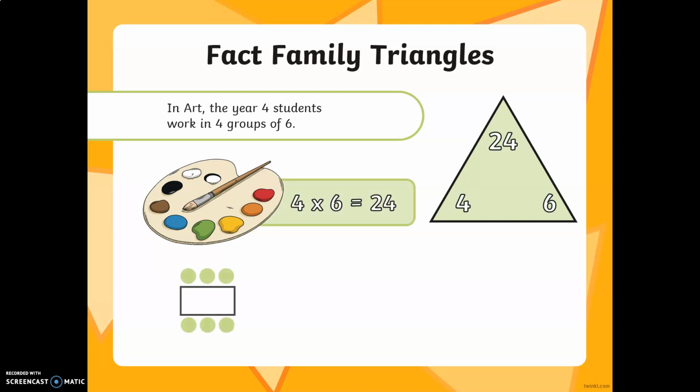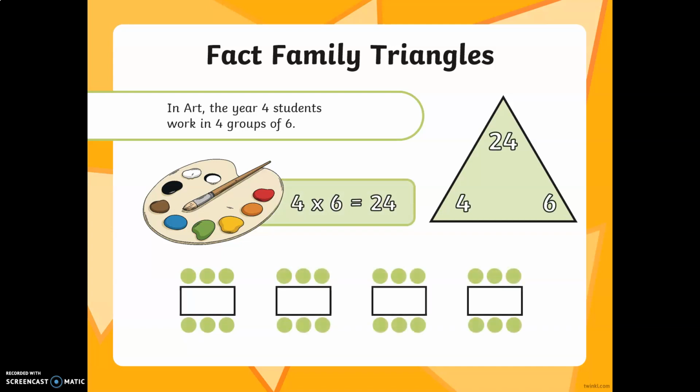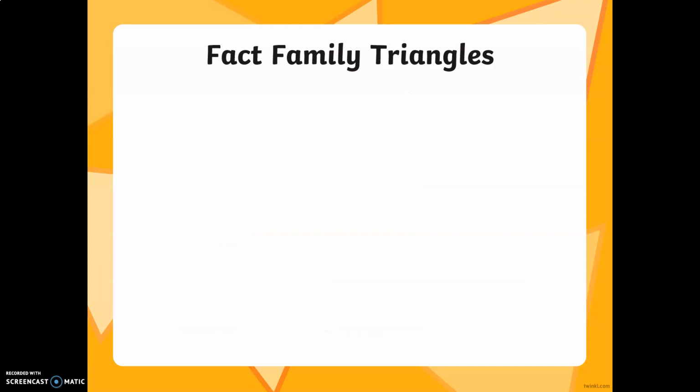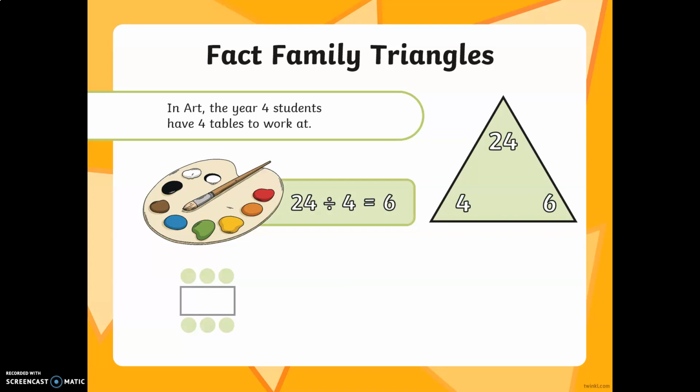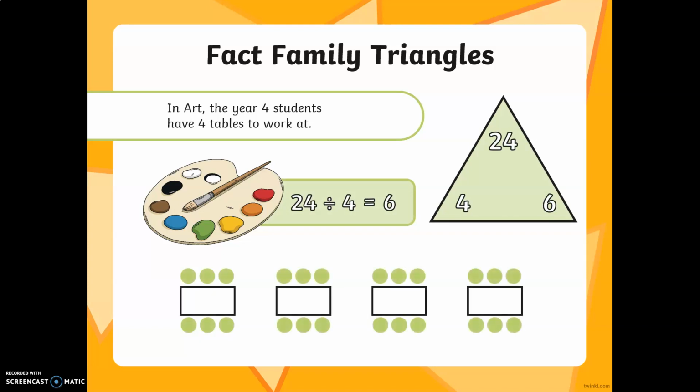So this will be a multiplication sum. 4 groups of 6 equals 24. In art, the Year 4 students have 4 tables to work at. So 24 divided by 4 equals 6 people at each table.